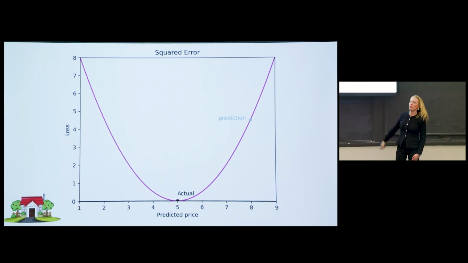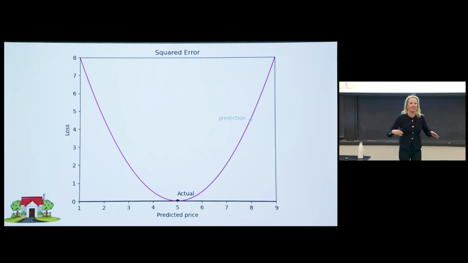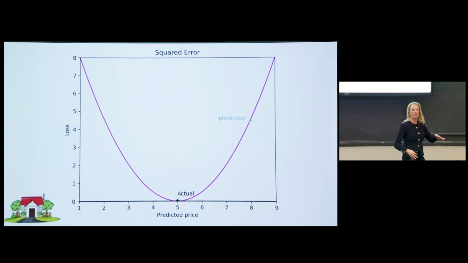But suppose instead, when I actually look at the housing records, this house sold for 500,000. Okay? So that's where my prediction is, and that's where I'd like my prediction to be, right? And you can see again, if I descend successfully on this function, then my prediction will end up in a really good place.